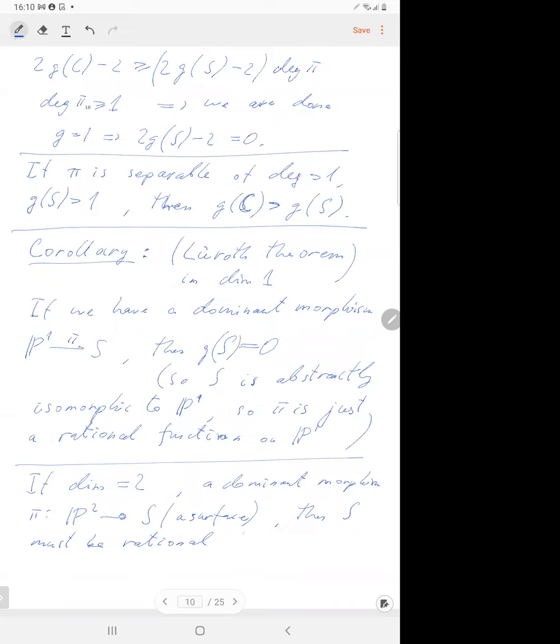I mean, there is a birational isomorphism, abstract, from S to P2.